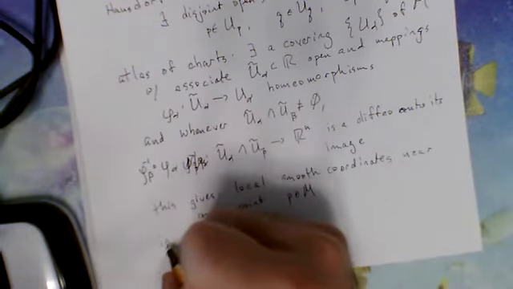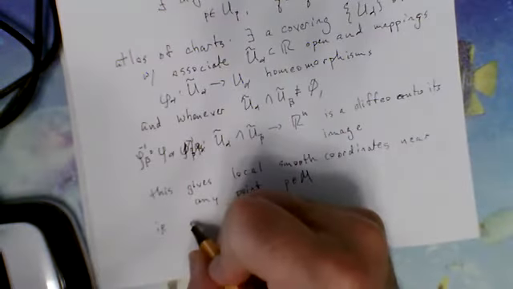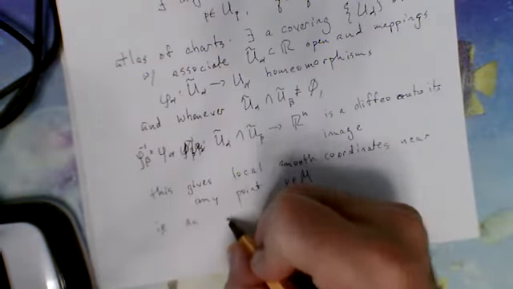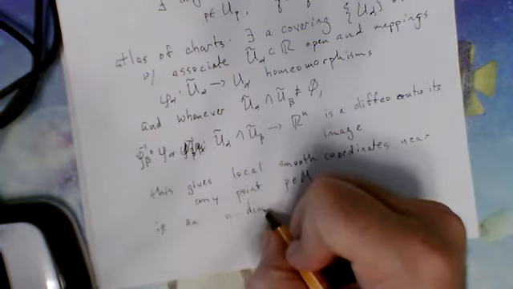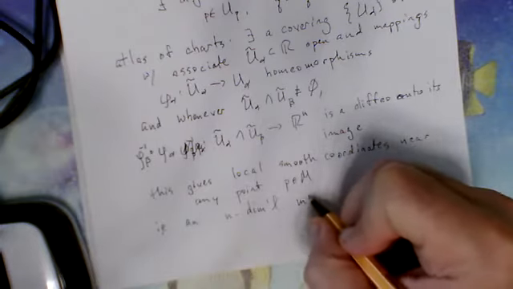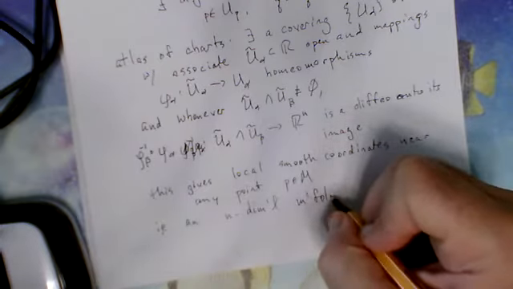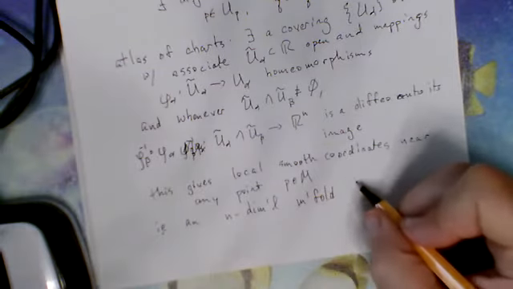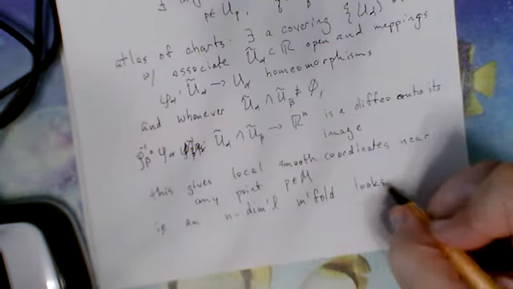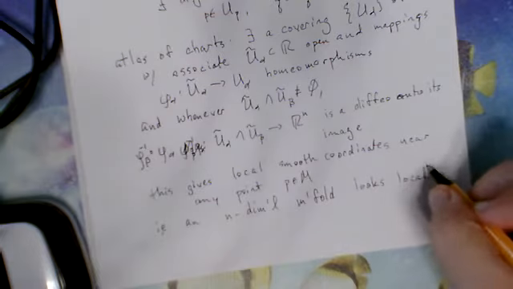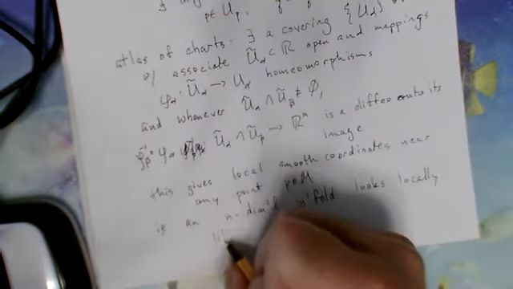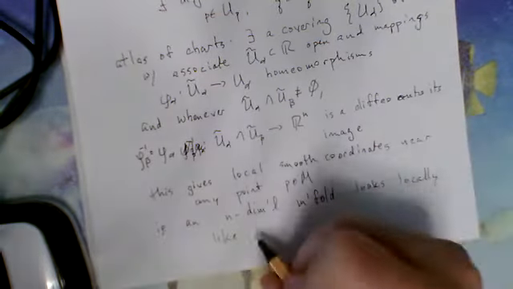Another way to say this is that an n-dimensional manifold looks locally like a small neighborhood in n-dimensional Euclidean space.